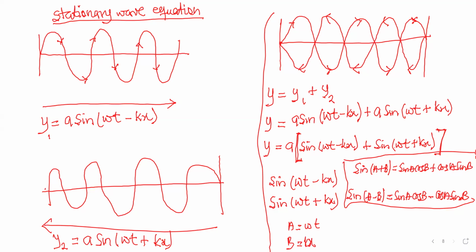Are we through? So let's look at it. We have y is equal to a into sine (omega t minus kx) plus sine (omega t plus kx).